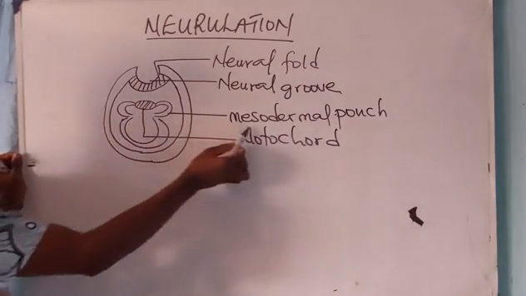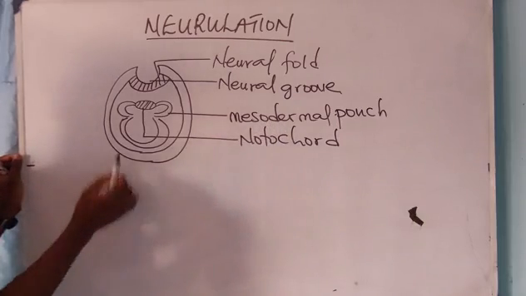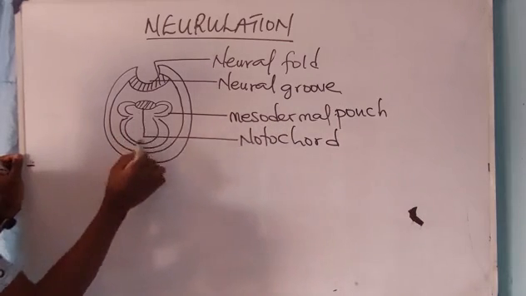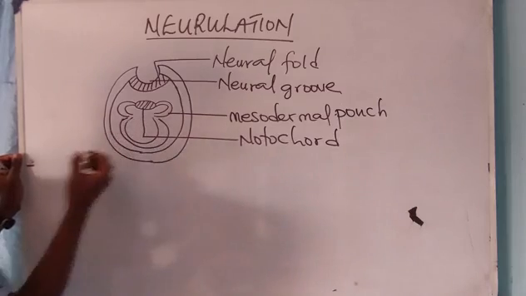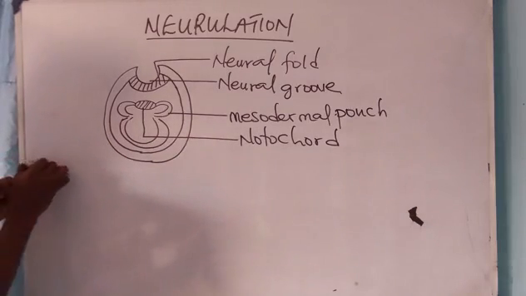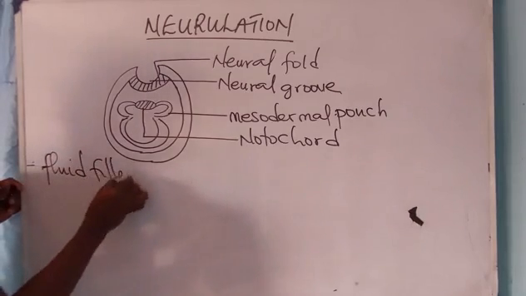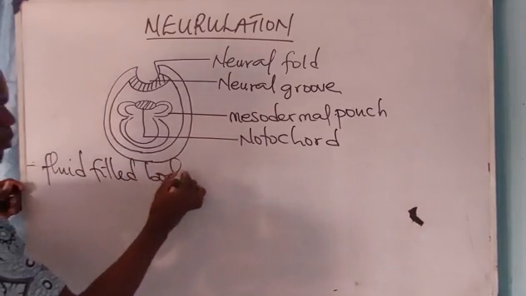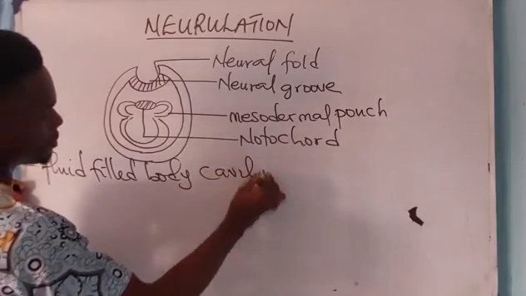Now, between the mesodermal pouches, there's a cavity. This cavity is made up of fluid. It's a fluid-filled body cavity.